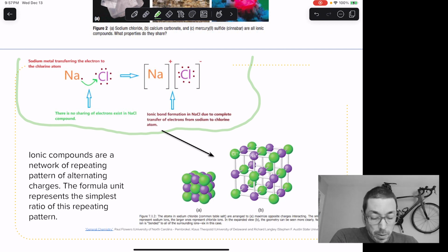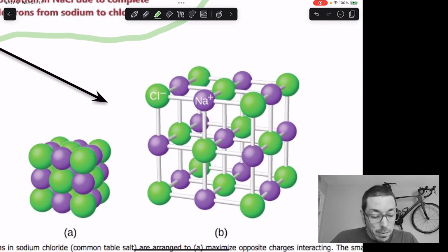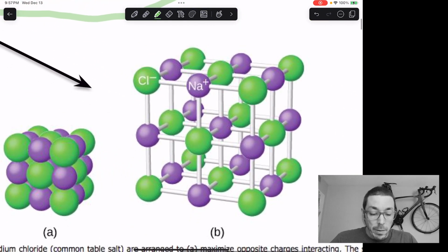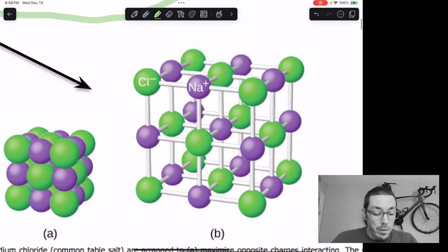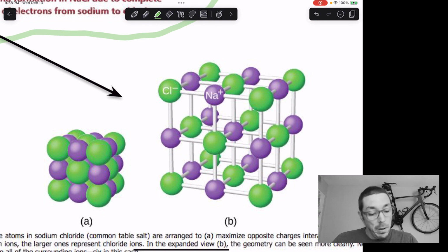Ionic compounds really are just this insanely huge, almost endless repeating network of alternating charges. So you've got the purple and the green circles here representing the positive and negative ions that are formed. And ionic solids are just these repeating patterns of positive then negative, and it just goes on and on forever.